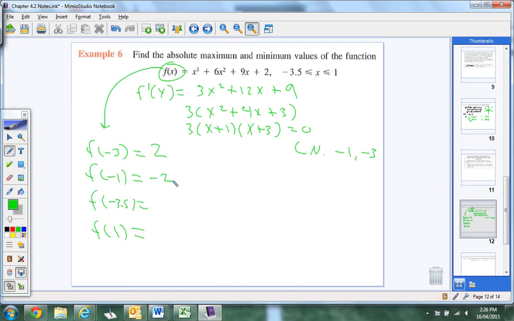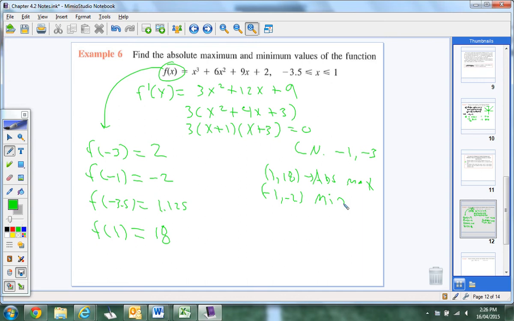When I plug in -3.5, I get 1.125. When I plug in 1, I get 18. So then what is my max and what is my min? 18 is the max, so (1, 18) is the absolute max, or just max, whichever. And then my min is (-1, -2). And that's it.